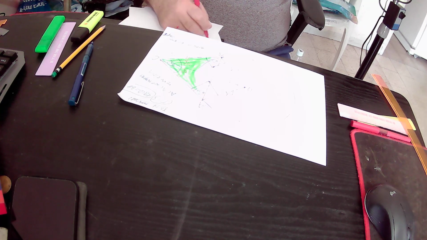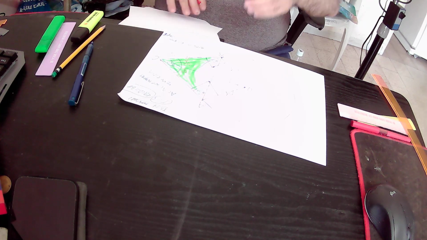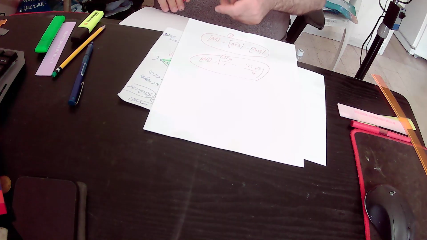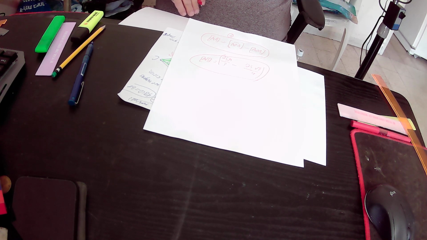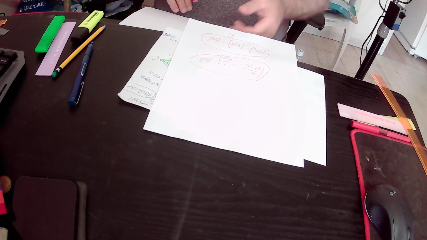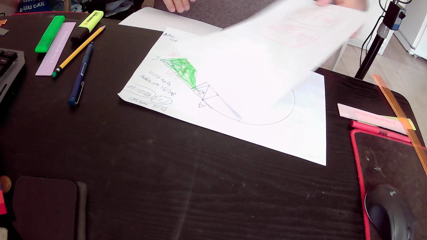So we found out that the area of circular segment AB equals this expression, and we know that the area of the green shape equals the area of equilateral triangle ABC minus the area of circular segment AB.